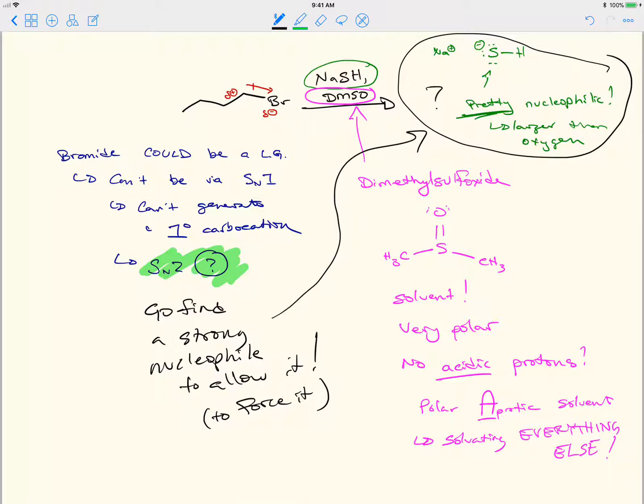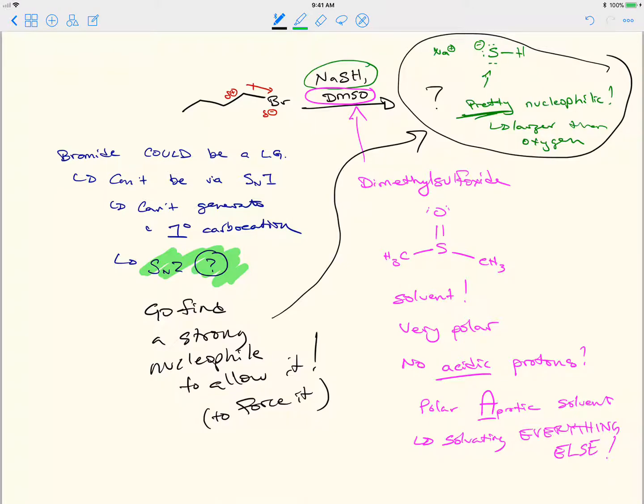But we need to use a solvent that in no way can take part in the reaction. The only thing we want it to be able to do is introduce the other reagents and make sure that it itself doesn't take part in any of the reaction fun that's going to take place. DMSO is one of those solvents, okay? DMSO, DMF, acetone, dichloromethane, these are all solvents that are very polar.